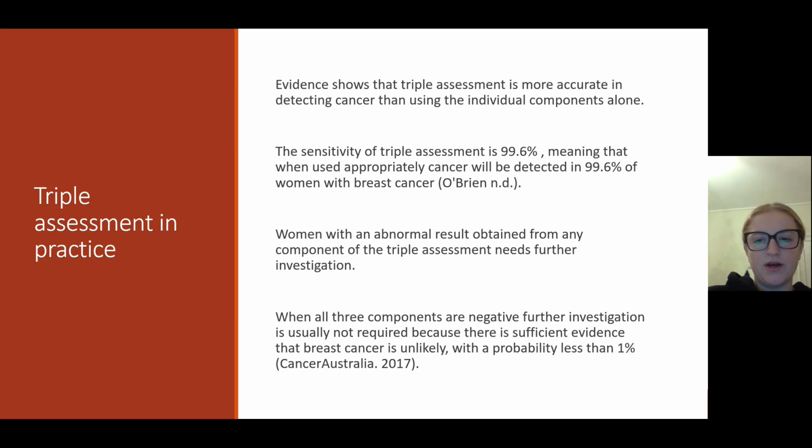You can have screening from a younger age if you have a higher than average risk of breast cancer. This may be due to a strong family history or an inherited mutated gene. Even with screening programs and effective diagnosis with triple assessment, it is very important to create awareness of breast cancer and the importance of women checking their breasts regularly.